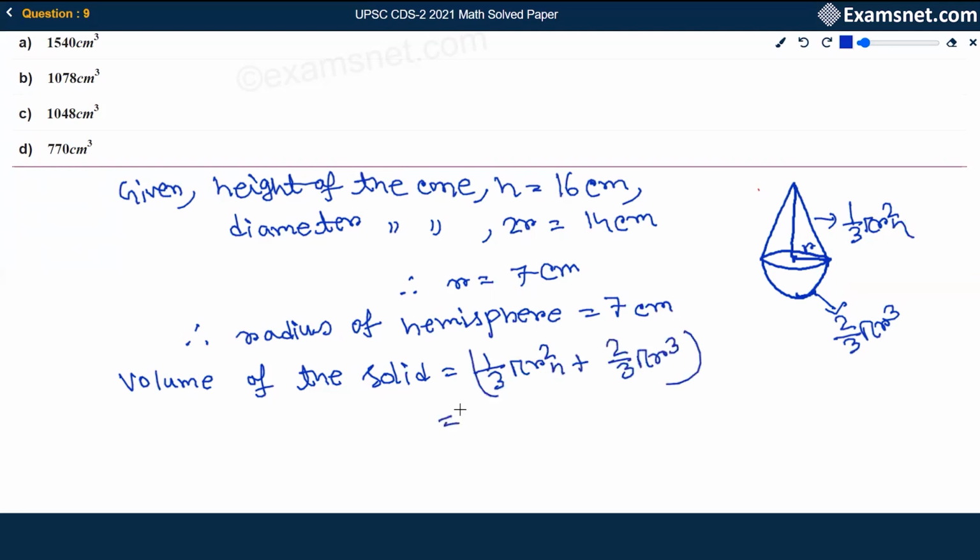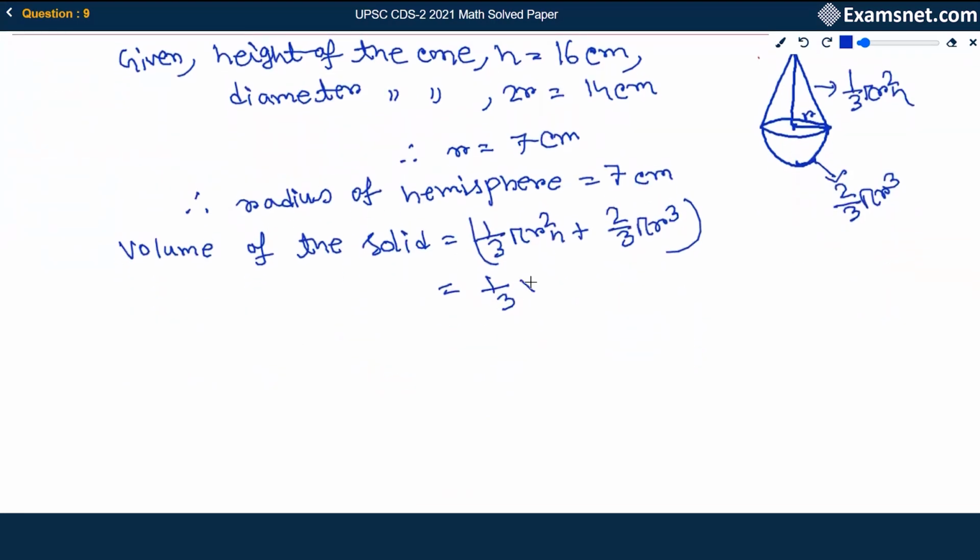Okay, so now we will put all the values in the place of r and h and get the final answer. So 1/3, we will place 22 by 7 in the place of pi, 22 by 7, 7 whole square and 16 plus 2/3, 22 by 7, 7 whole cube. Now we can further simplify it.